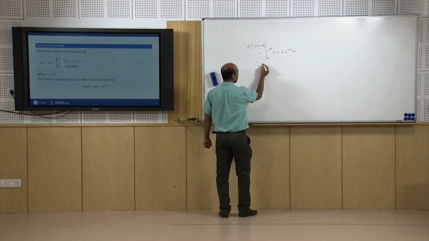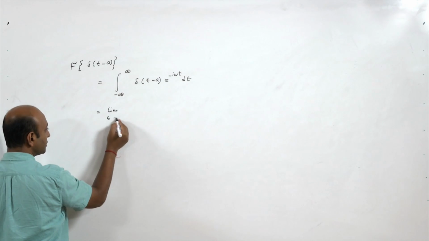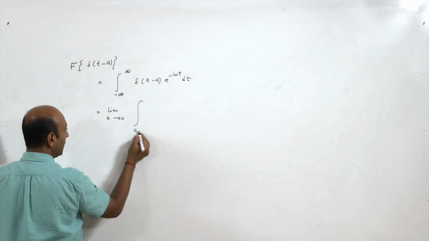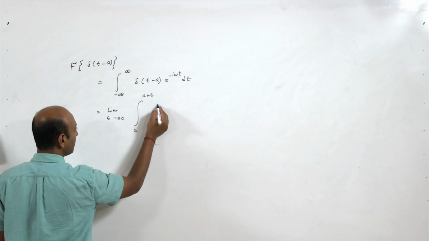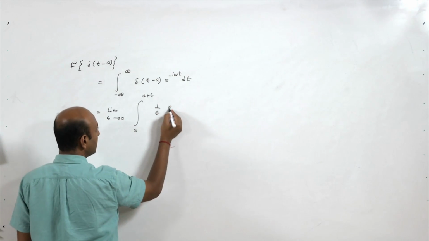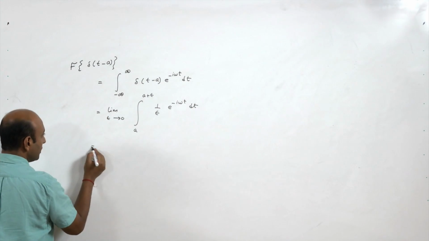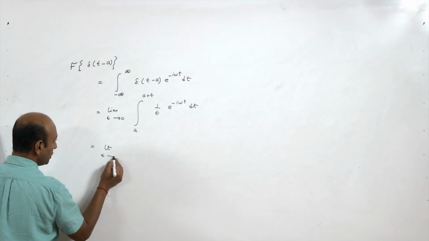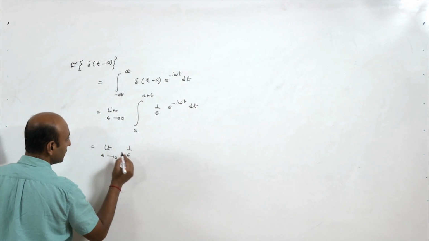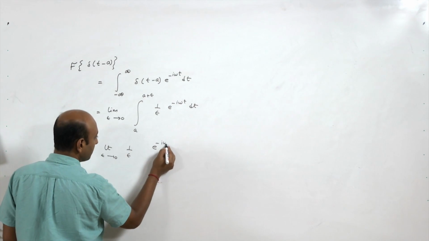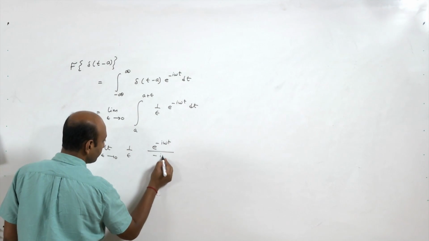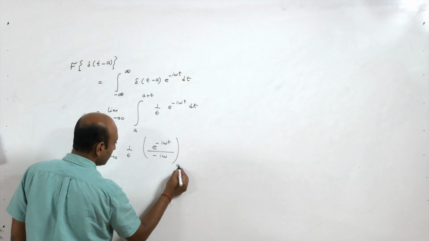So, we can define it like this: limit epsilon tends to 0, integral from a to a plus epsilon of 1 by epsilon into e to the power minus iota omega t dt. Now, 1 by epsilon can come out, and the integration of this will be nothing but this term from a to a plus epsilon.